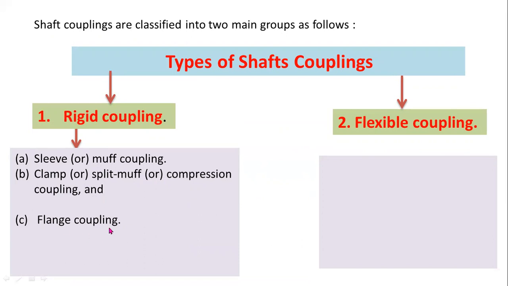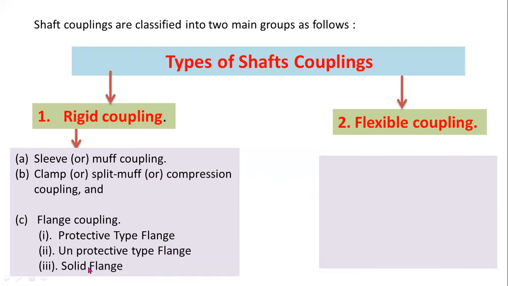Flange coupling is broadly classified into protective type flange coupling, unprotected type flange coupling, and solid flange or marine type flange. These all are rigid couplings.